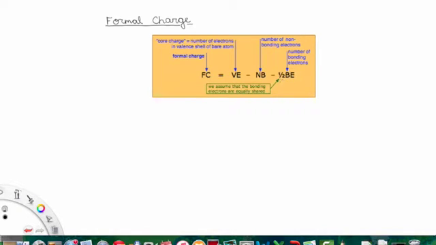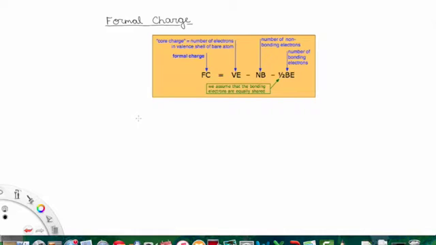So as you can see, you first have to determine the number of valence electrons of each bound atom, also count the number of bonding or shared electrons, where each atom contributes one electron, and then you also have to count the lone pairs and compare with the number of valence electrons of the free atom, and you get the formal charge.